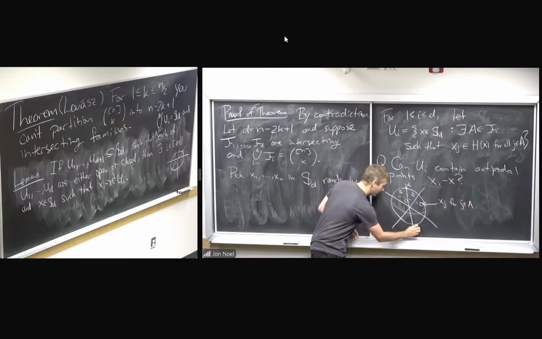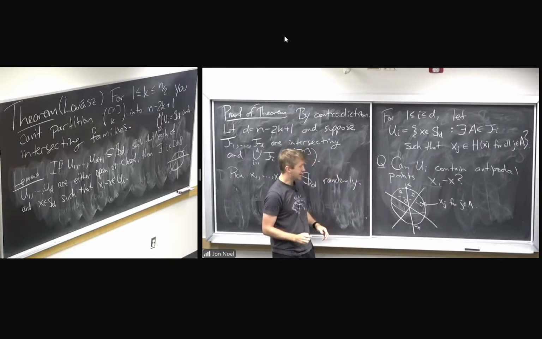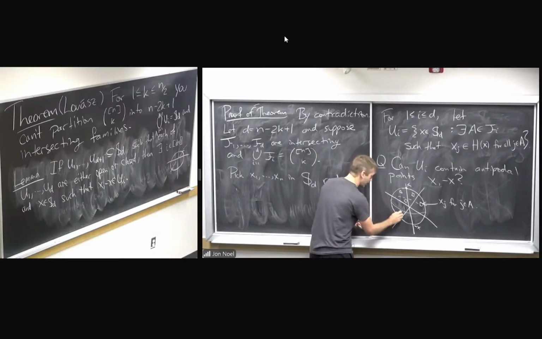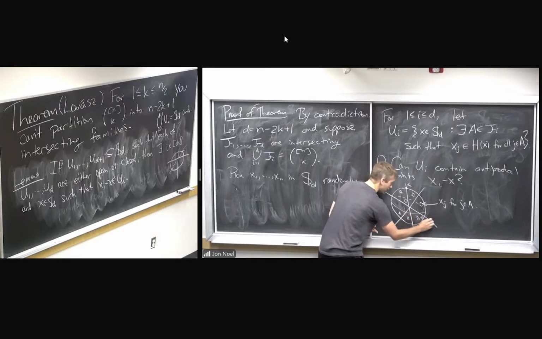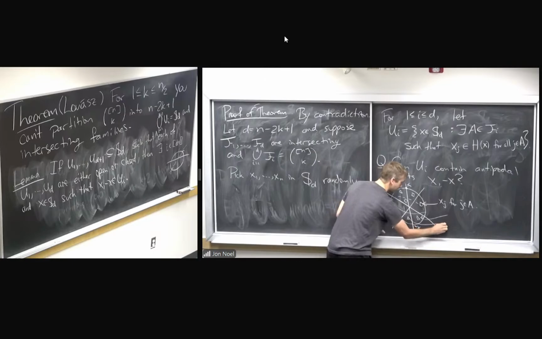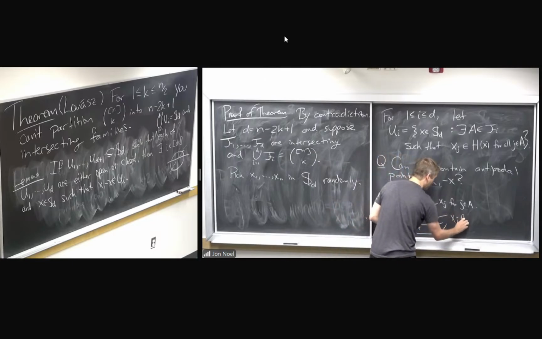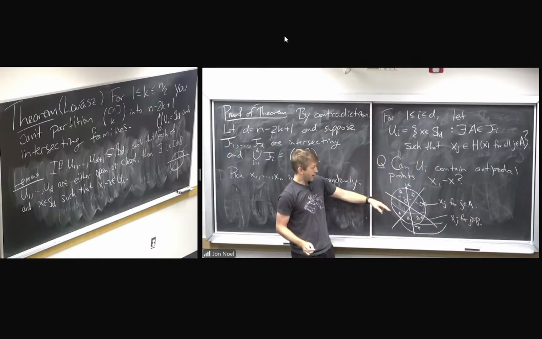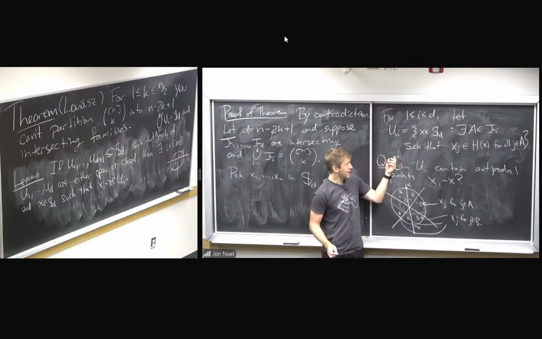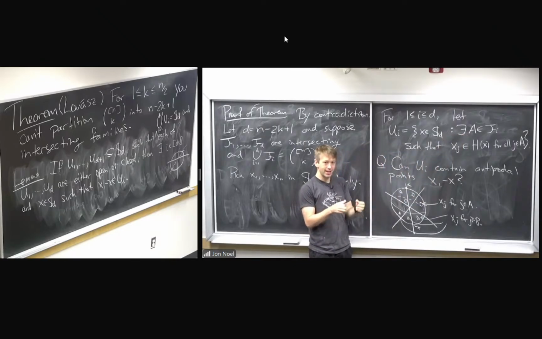But for minus x to be in Ui, that means there's another set in Fi, let's call it B, and these are the points xj for j in B. All the points corresponding to elements of that set are in the hemisphere containing minus x.